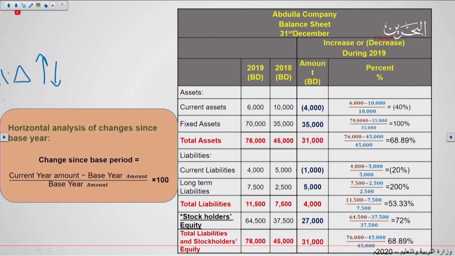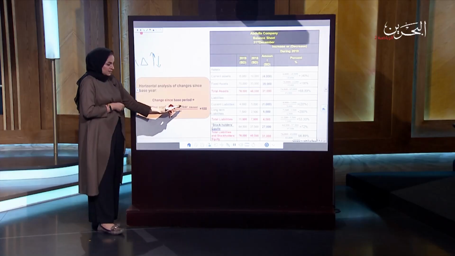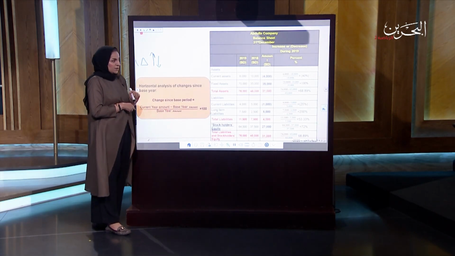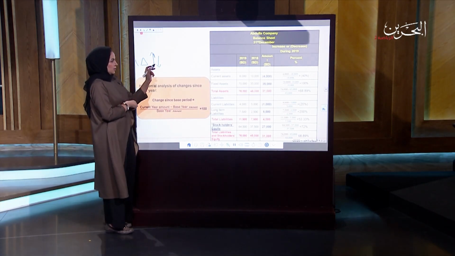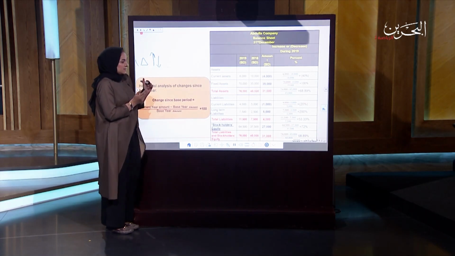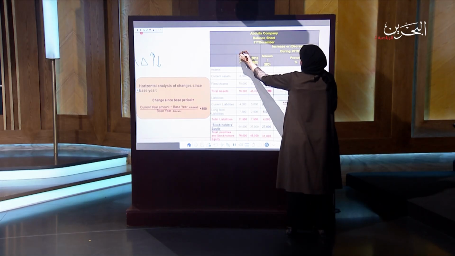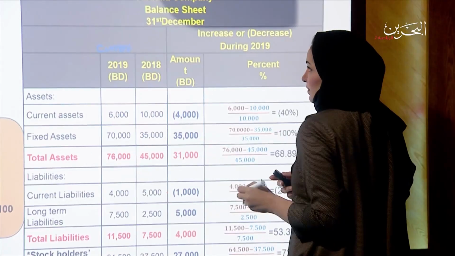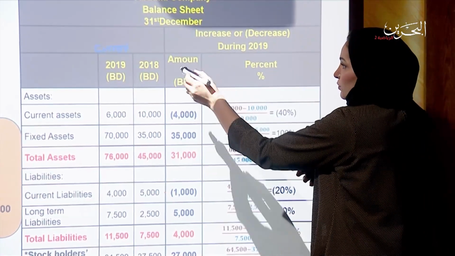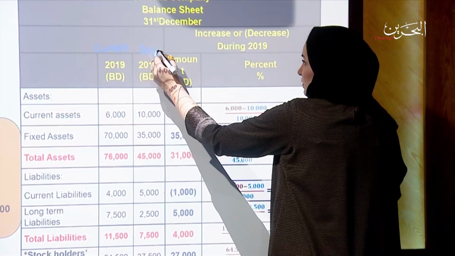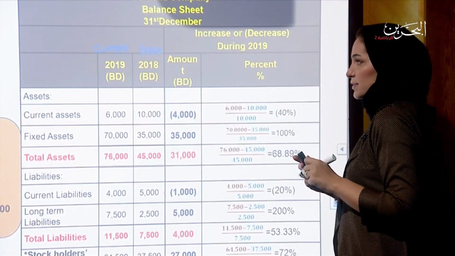Once they say increase or decrease, I have to apply this formula: current year amount minus base year amount, divided by base year amount, multiplied by 100. 2019 is the current year, the new year. 2018 is the base year, the old year.